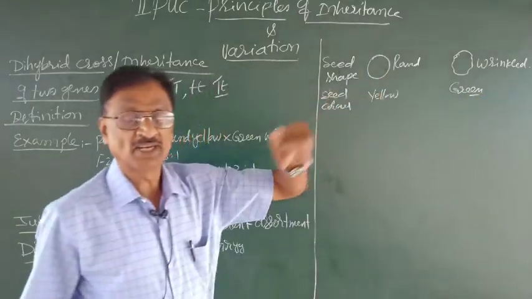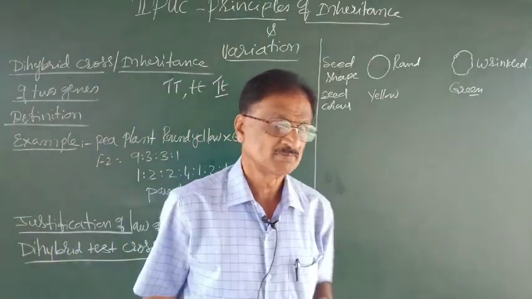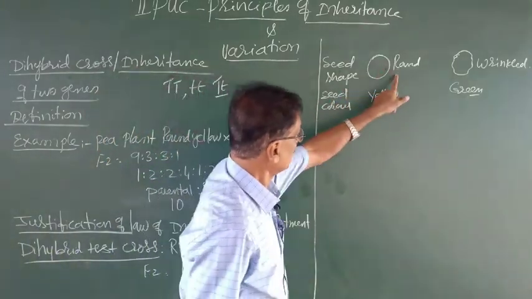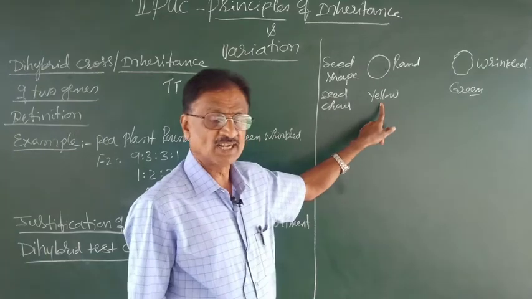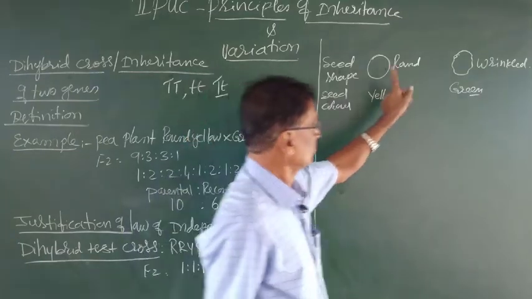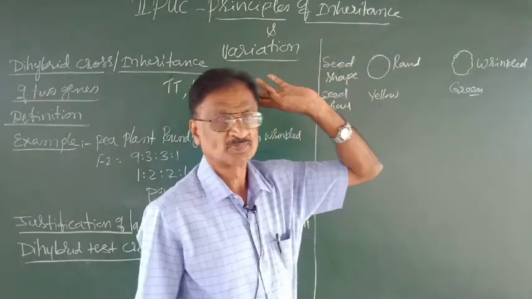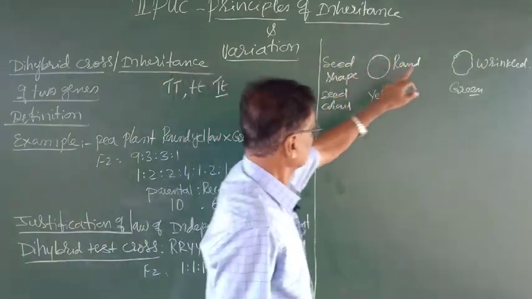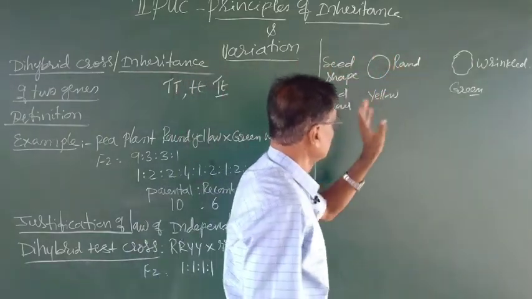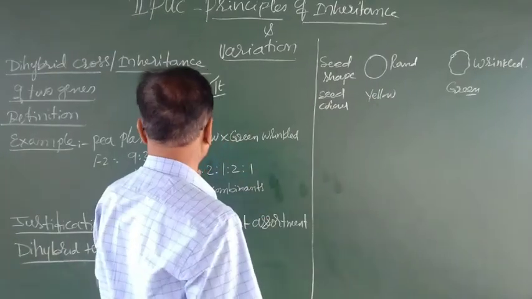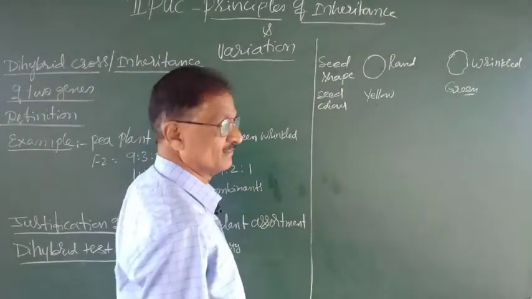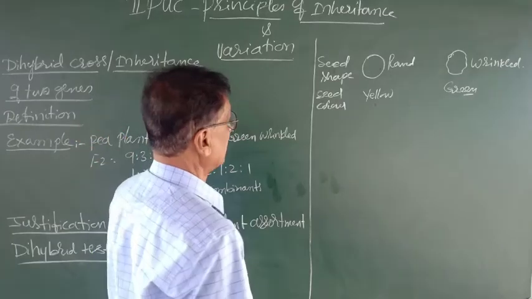Yellow is dominant over green. That means round yellow is a dominant character over green wrinkled seeds. So these are the two characters which have been taken for the dihybrid cross.